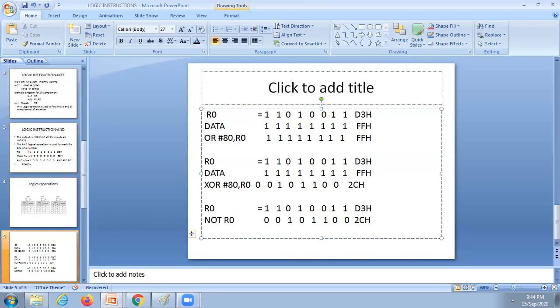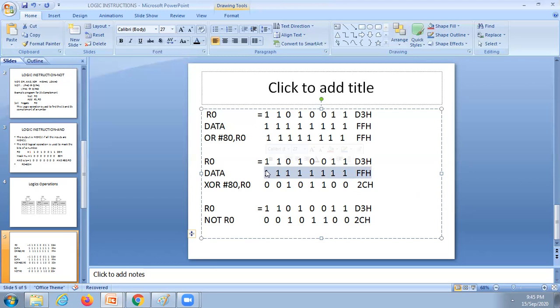So what you understand from this here? The output of XOR is also 2CH here, and this is also 2CH here. These two are same if the data or control you applied is all ones.